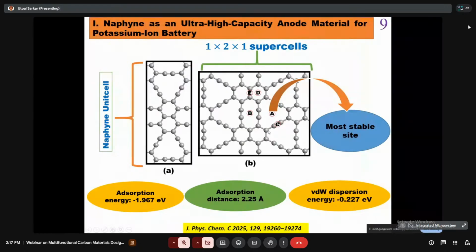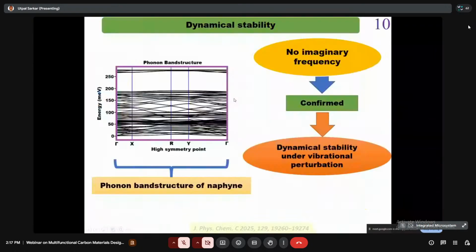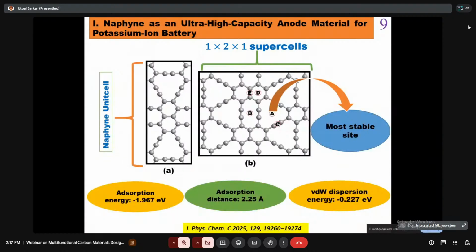Now this particular structure, you see, has smaller pores, a little bit larger pores, and triangular pores like this. So different types of pores are available in this structure that is suitable for absorbing the potassium ions in this pore area.